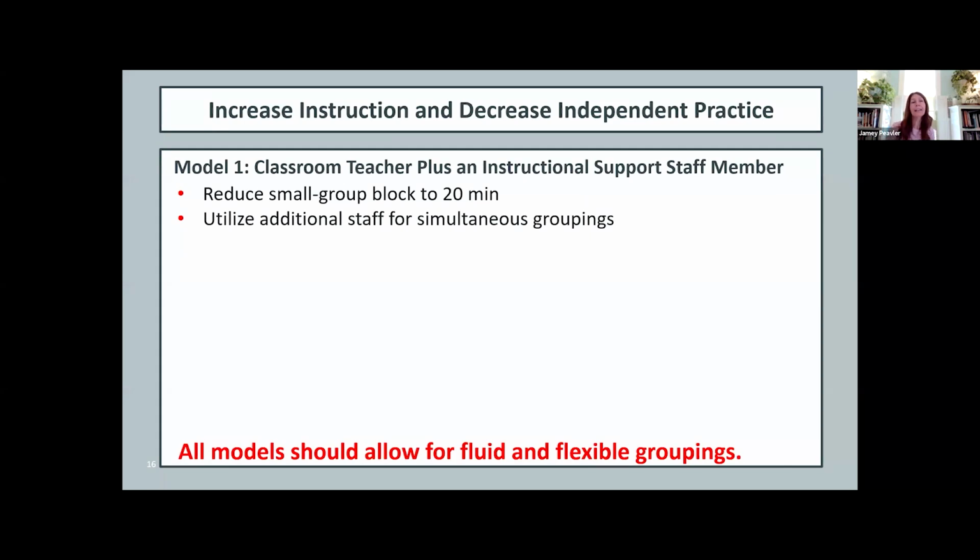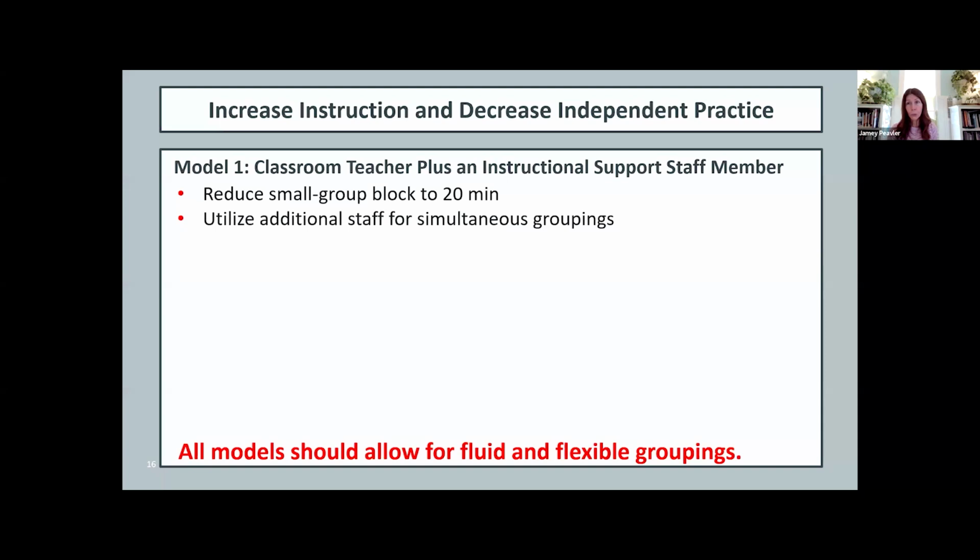So one option is model 1, where we may have 1 more support staff member, and that would be great. But in model 1, we would reduce our group to about 20 minutes of small group time. So not 20 minutes per group, 20 minutes for the entire small group block. And that might then be even more efficient if we utilize another staff member, so that simultaneously we're each running groups.